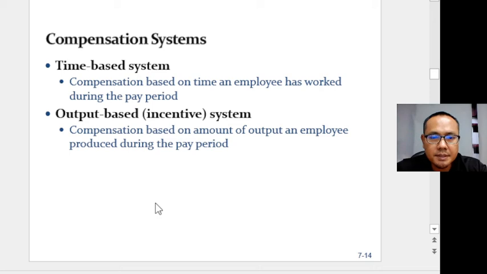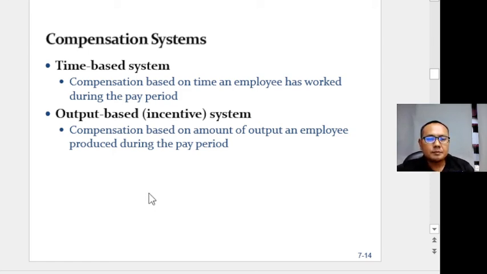The compensation system must be built properly to make sure that they feel it is worthwhile to work with us, especially for certain jobs that require them to sacrifice their health and their condition.